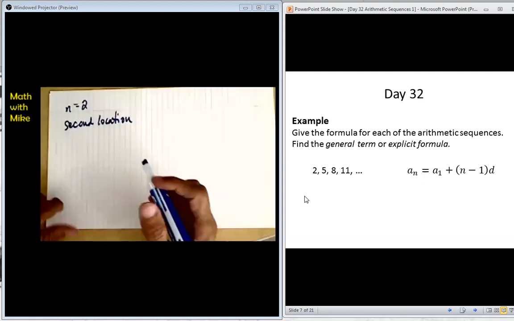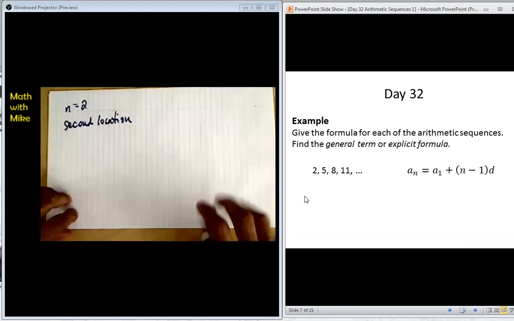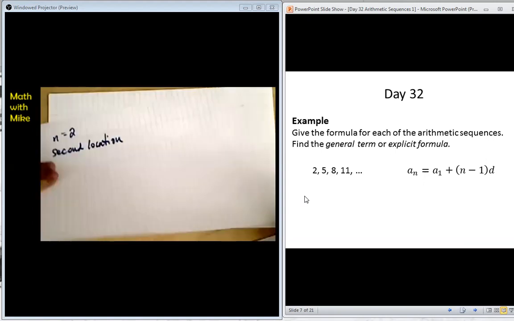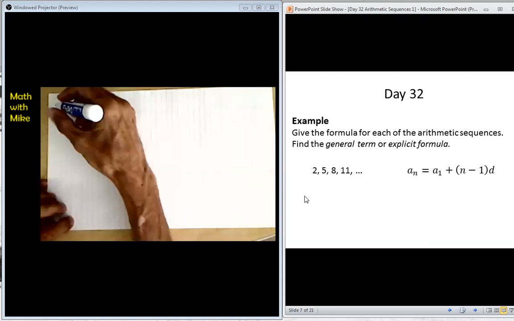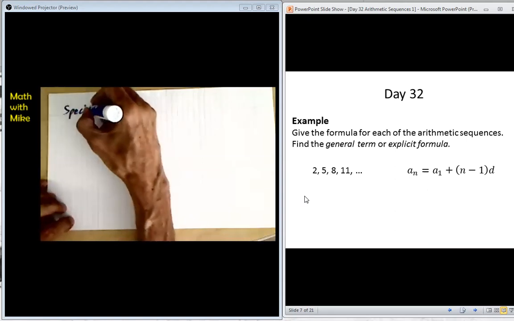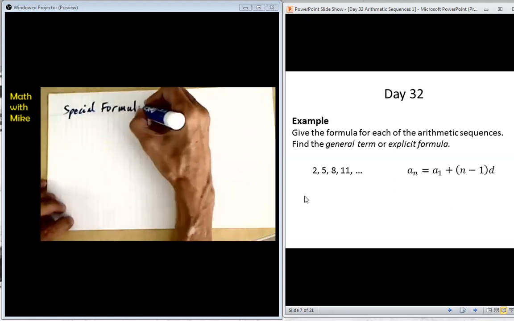Now, it wouldn't be math class without an equation or formula, right? So what you're going to be asked to do is you're going to be given a pattern like this, and you're going to be asked to find the special formula for it. Now, the special formula has a couple of names that are up there on the screen.